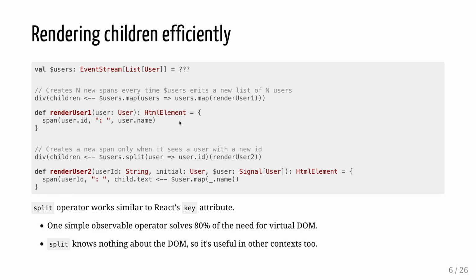But say on the second and subsequent events, what this code is going to do is it's going to discard all the previous span elements that we've created and recreate 1,000 new ones every time, assuming you still have 1,000 users in the list. And that is grossly inefficient, of course, because instead of performing a small set of updates, you're just nuking everything and recreating it from scratch. But performance is not the only problem.